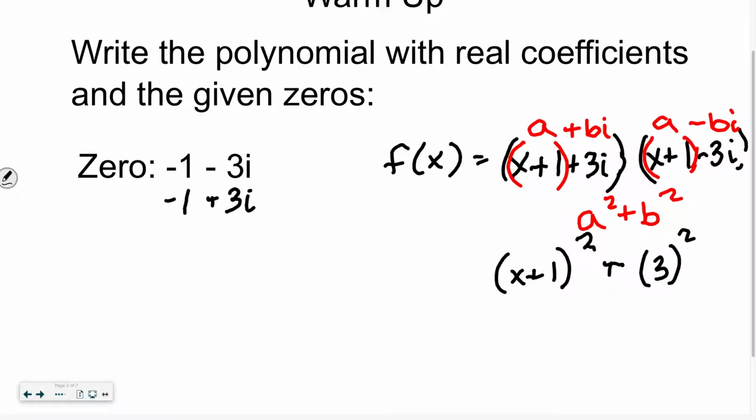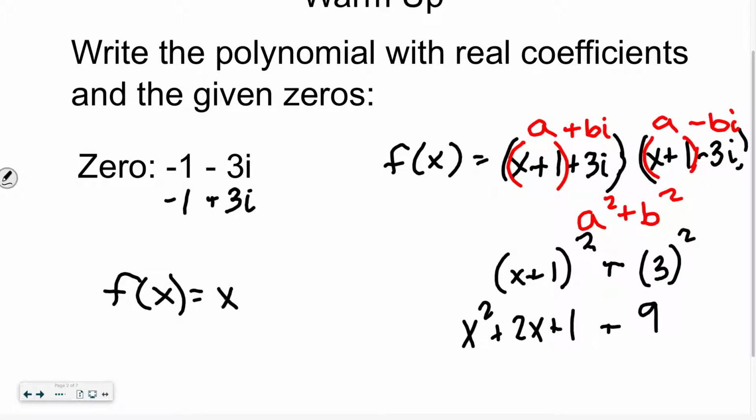And then you just have to be careful with this. This is not x squared plus 1. It has a middle term. If I FOIL out x plus 1 times x plus 1, I'll get x squared plus 2x plus 1. I know that pattern very well, so I can do that lickety-split in my head. And then I get plus 9. Did you guys get f of x equals x squared plus 2x plus 10 as your answer?